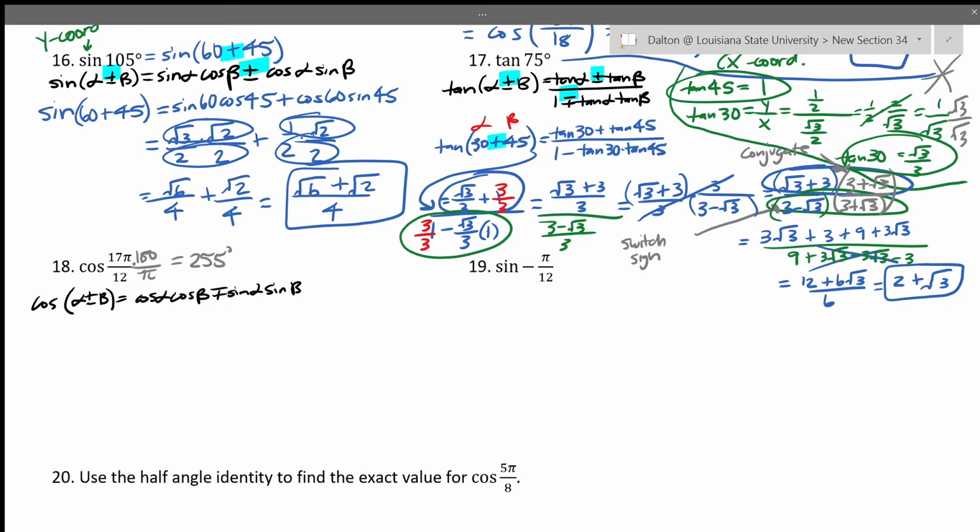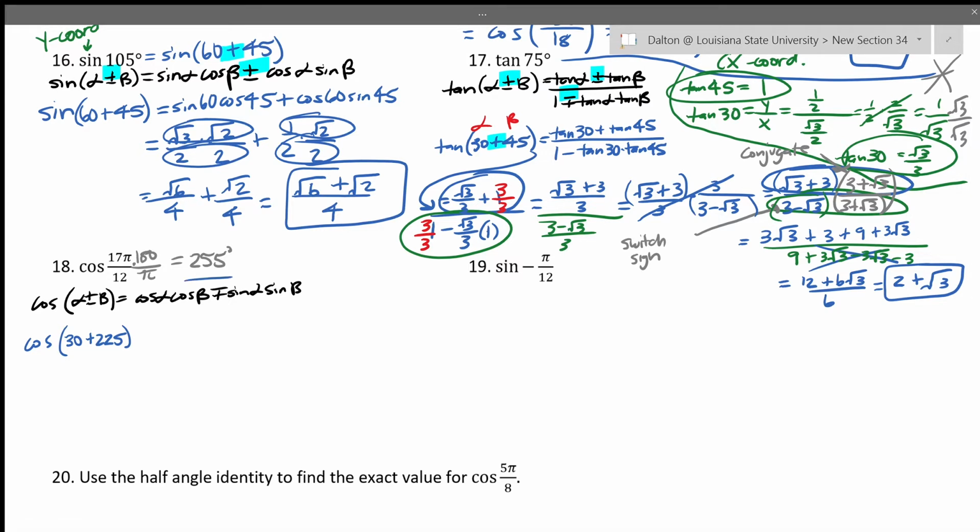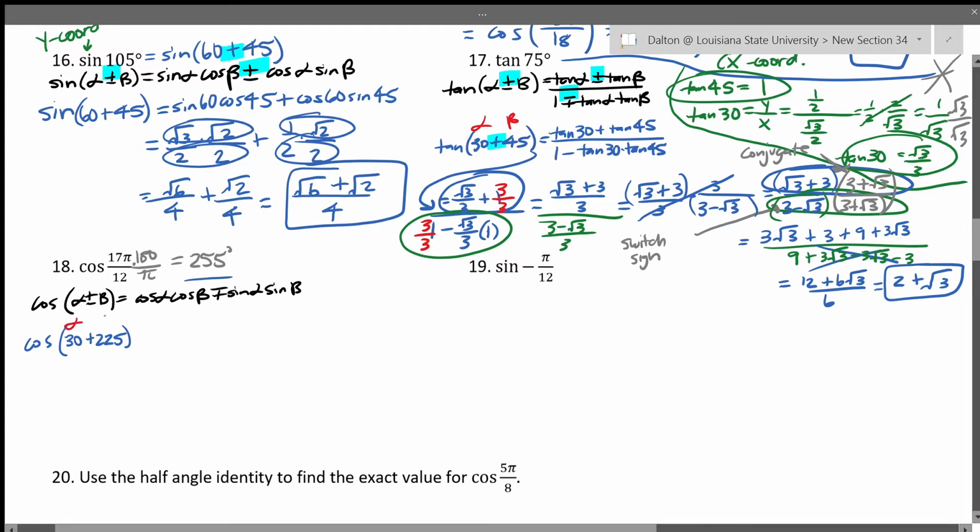So again, there are lots of different options. I rewrote mine instead of 255 as 30 degrees plus 225 degrees to equal 255. So if alpha is 30 and beta is 225, that's what I'm going to plug in.